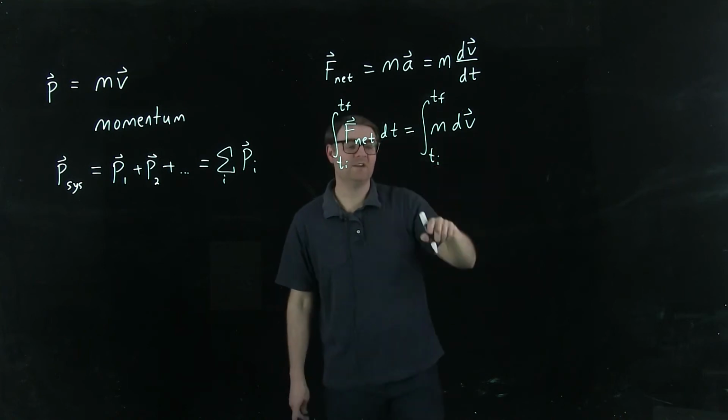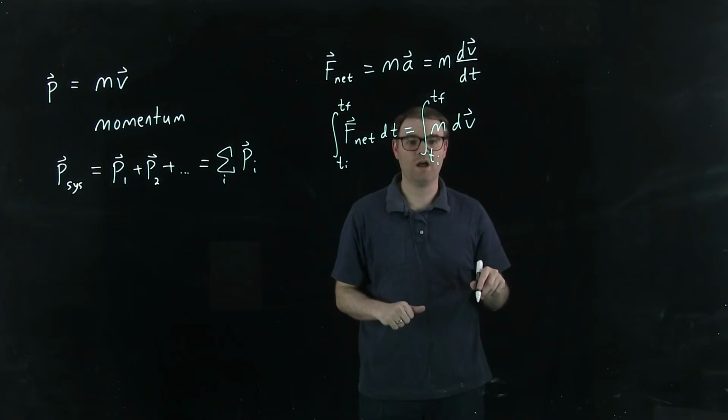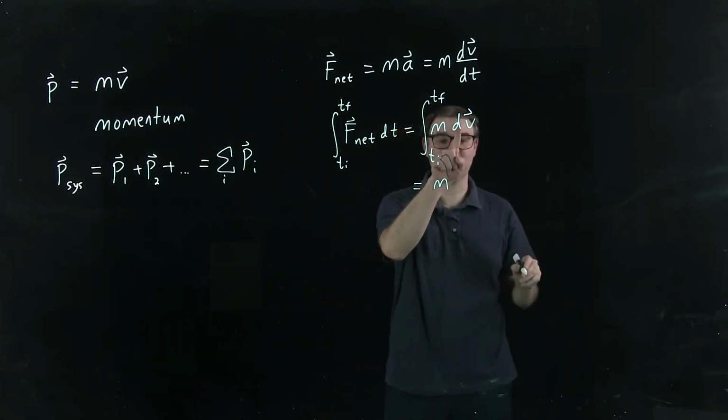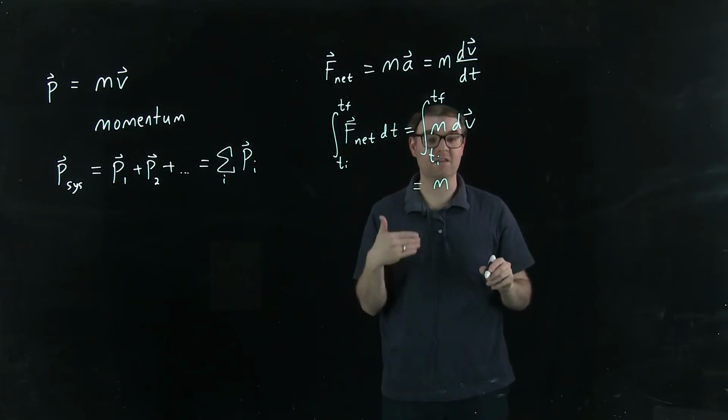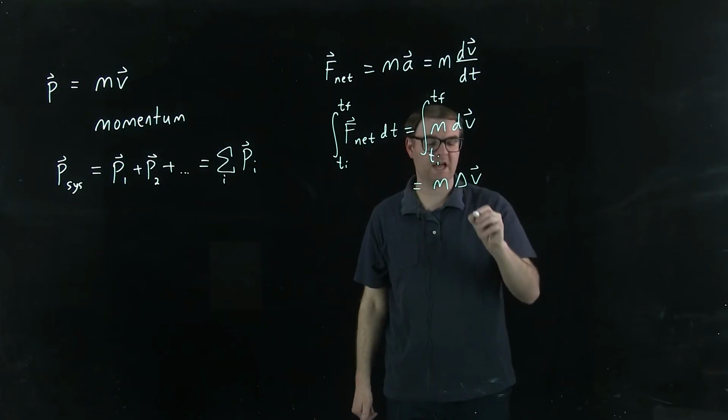On this side, when I do that, if I'm able to assume that the mass of my system is constant, then what I can do is write this as the mass times the integral of dv, which is simply the velocity evaluated at these endpoints, which would be the change in velocity.